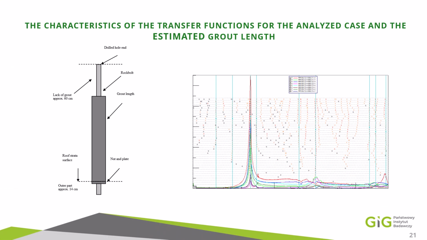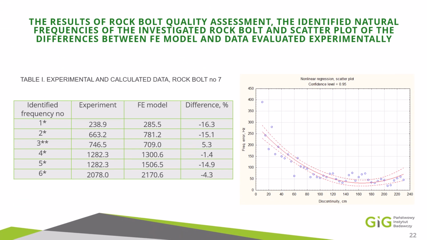A more dangerous case is where we have a lack of grout at the end of the rock bolt, which means that the rock bolt is not anchored to the deeper part of the rock zone, and results for this case show matching of frequencies and a scatter plot.